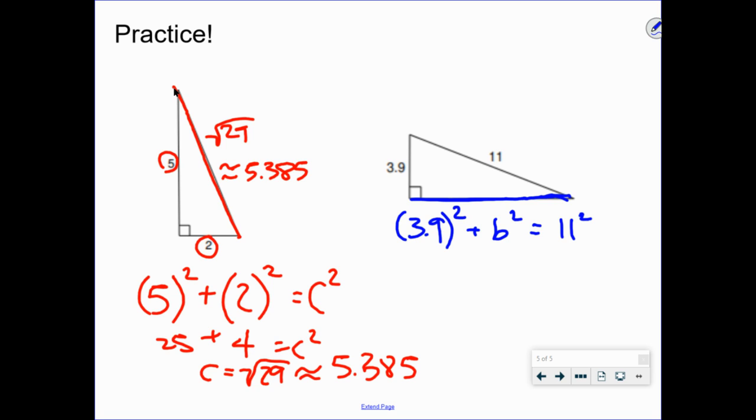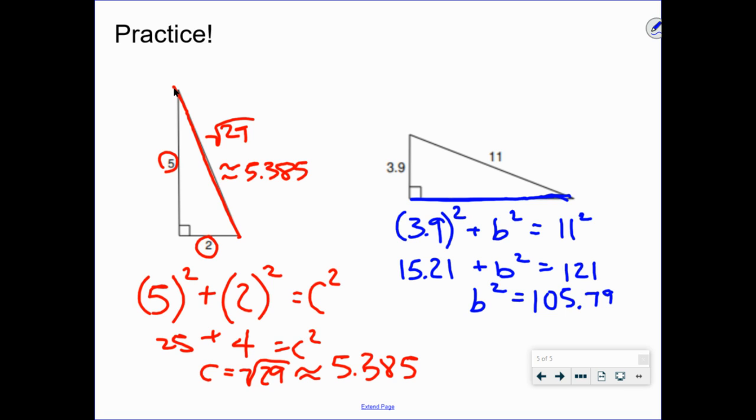All right, and 3.9 squared is about 15. It's exactly 15.21. Remember, don't round until the very end, please, please, please, as a reminder. So 15.21 plus b squared equals 121. 121 minus 15.21 is 105.79.